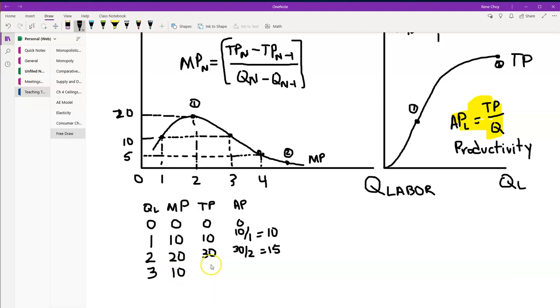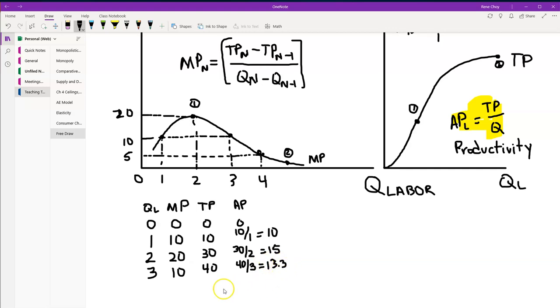My total product is the addition of all the marginals all the way to here, so it will be 40. And my average product will be 40 divided by 3. And that's 13.3.